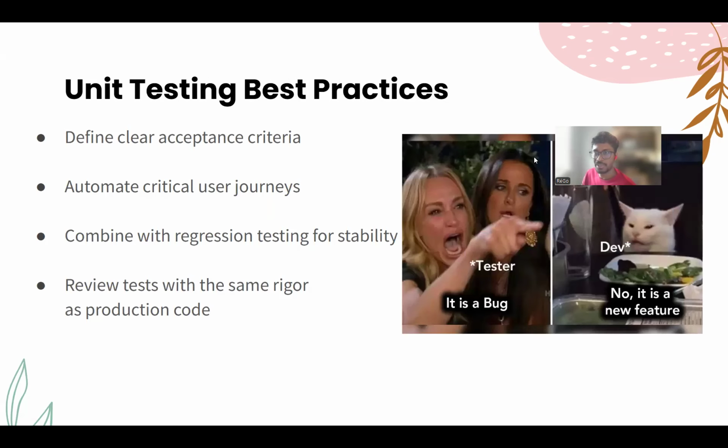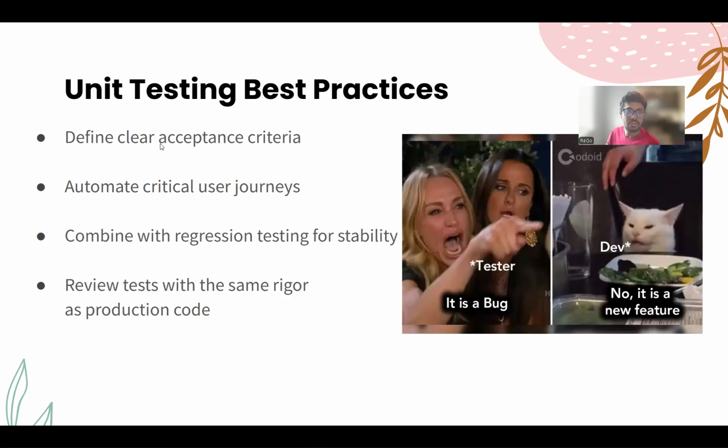Some testing best practices: define clear acceptance criteria, automate critical user journeys, combine with regression testing for stability. What is regression testing? If you're designing mobile apps for Android, you design for one phone, and it won't work for the other phone.